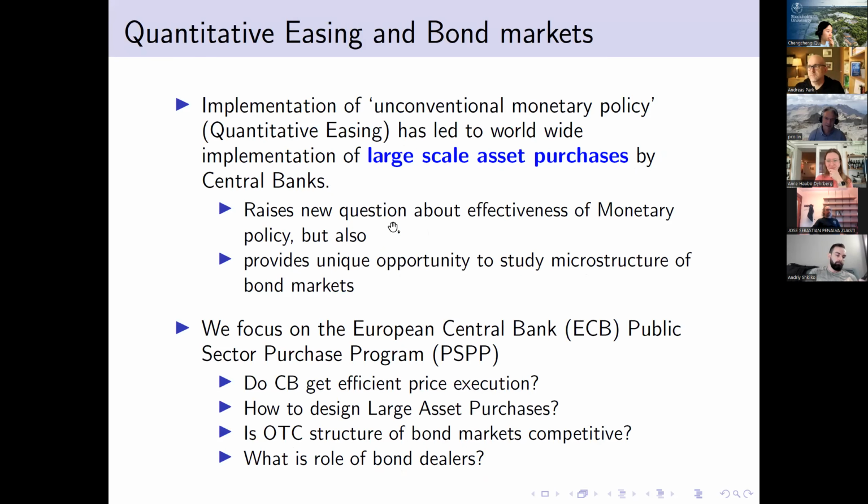It's a fairly simple paper where, as you know, we've gone through a period of quantitative easing where monetary policy was all about large-scale asset purchases. That period may actually be ending soon.